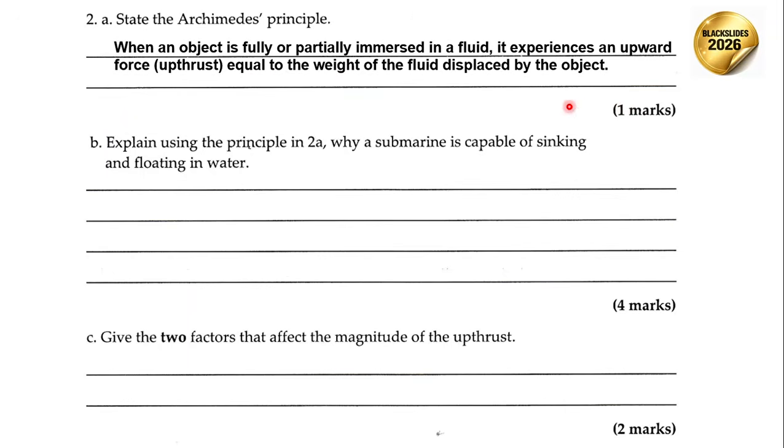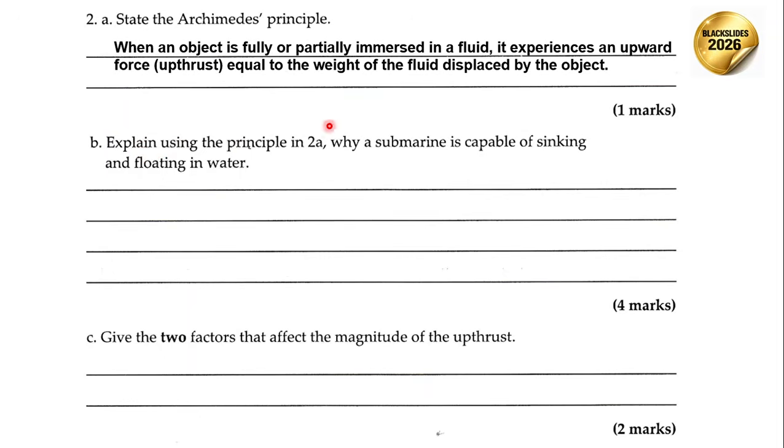It's 1 mark. So when an object is fully or partially immersed in a fluid, it experiences an upward force, which is called upthrust, equal to the weight of the fluid displaced by the object. Explain using the principle here why a submarine is capable of sinking and floating in water.